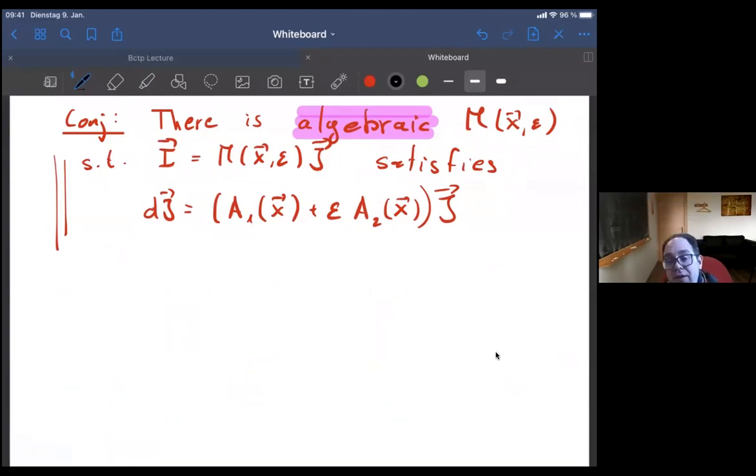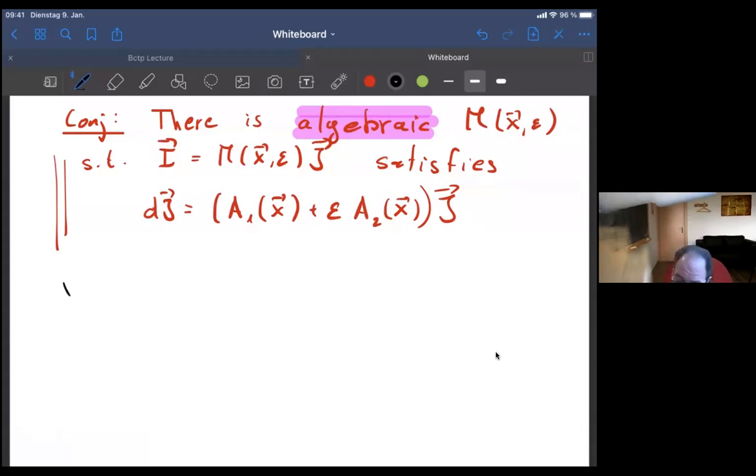The non-trivial claim is that you can always make the dependence on epsilon linear, so simple, via an algebraic rotation. Algebraic means, say, the entries of this matrix are rational functions and square roots. That's what you get in practice. So the non-trivial part is that there is such a matrix M that is algebraic.